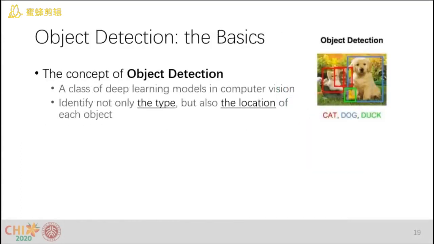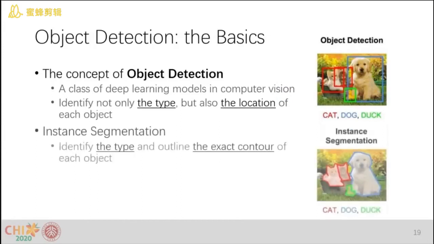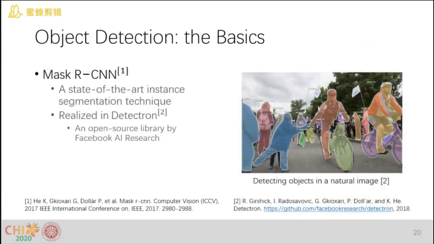Object detection is a class of deep learning models in computer vision. It can identify both the type and the location of each object in the image. Based on that, instance segmentation models can find out the exact image areas and output the contours. We use Mask R-CNN, a state-of-the-art instance segmentation model.